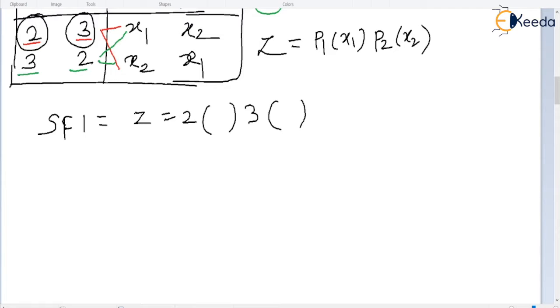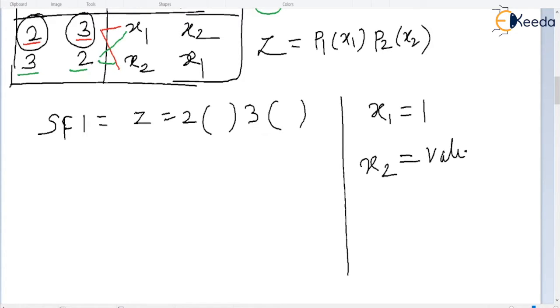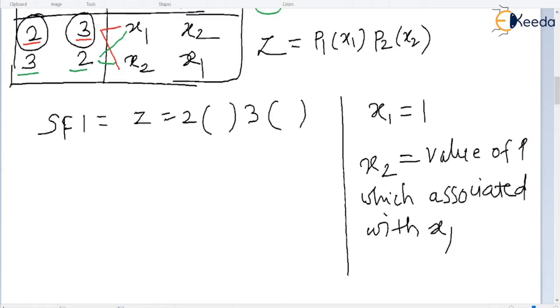Now for our standard process, we keep X1 equal to 1. For any standard gearbox, we have the value X1 equal to 1. Now what about X2? For X2, we need the value of P which is associated with X1, that is this one.